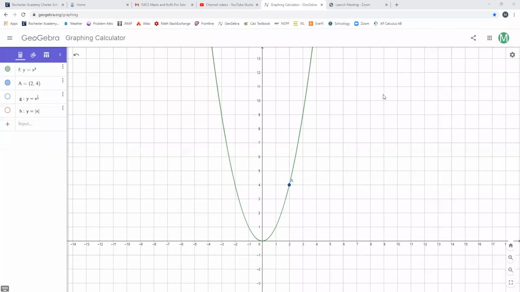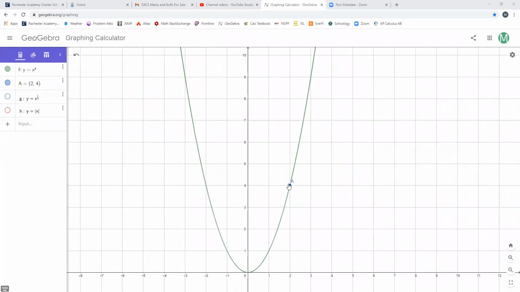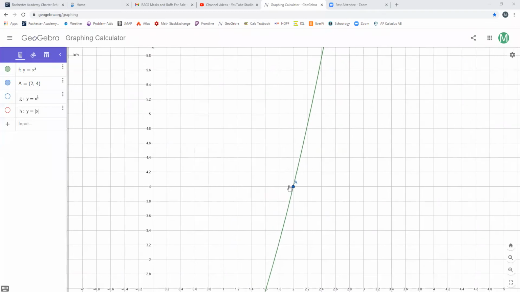All right, so here's our classic example of x squared at the point (2, 4). And what we have talked about at this point is, I hope you recognize that the derivative of x squared is 2x. Whatever our x value is, if we multiply that by 2, that's going to be the value of the derivative. So at this point, (2, 4), if we zoom in really close, 2 times 2 is 4.